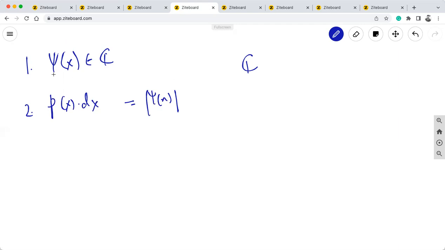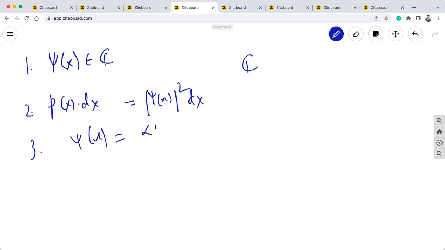Chi of x is a function of the independent variable x, the position, and the distribution chi belongs to the complex numbers C. Probability of x in dx will be chi squared times dx.